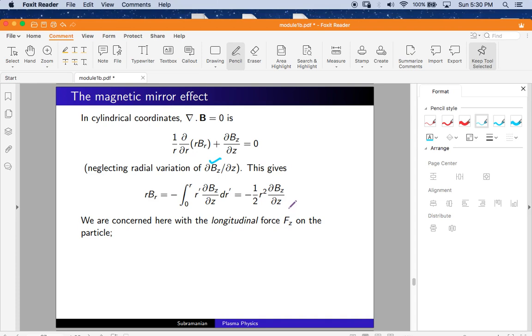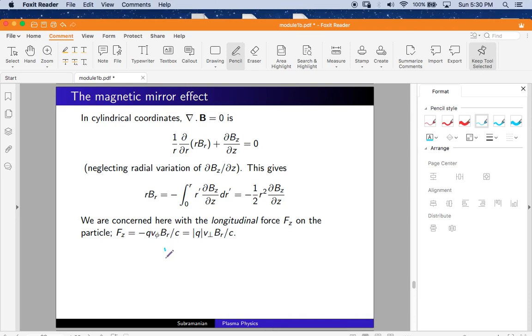Now, in anticipation, it turns out that there is a longitudinal, a z-directed force on the particle. That's not yet clear; we will see how it comes about in a second. Now, F_z is q v_phi B_r over c.